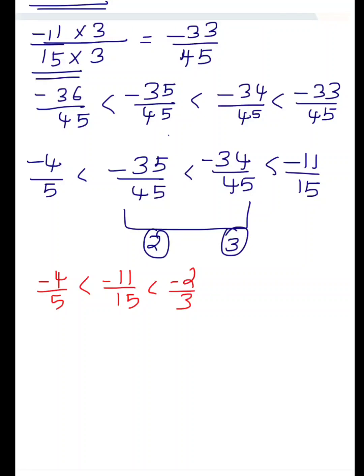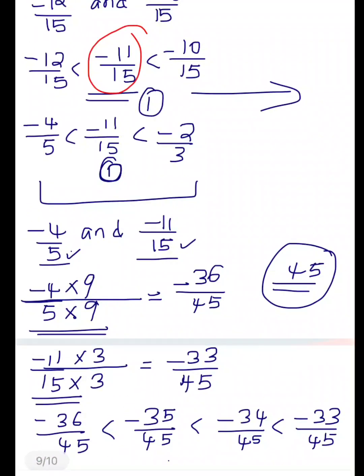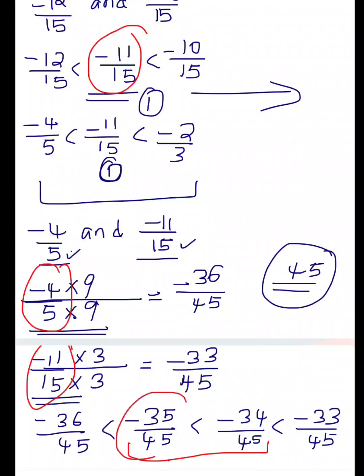And again in this step, you have found two rational numbers between minus 4 by 5 and minus 11 by 15, and they were minus 35 by 45 and minus 34 by 45.